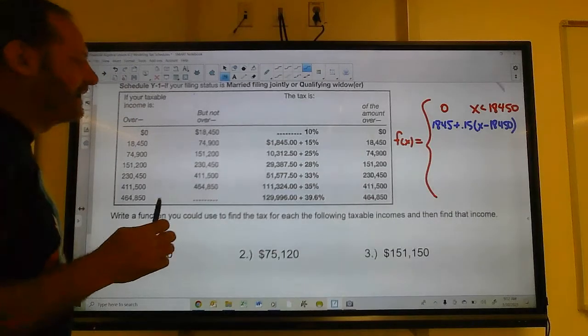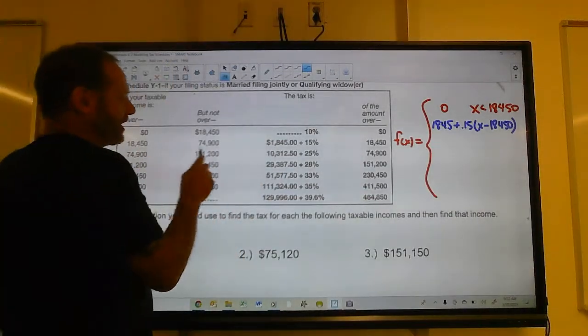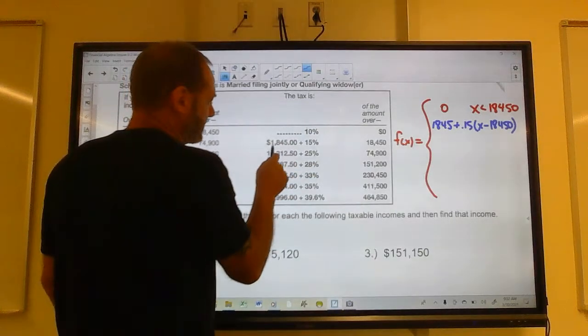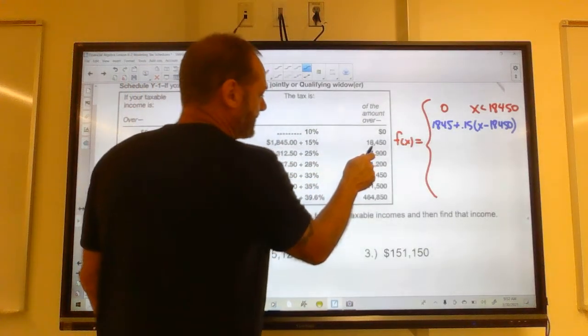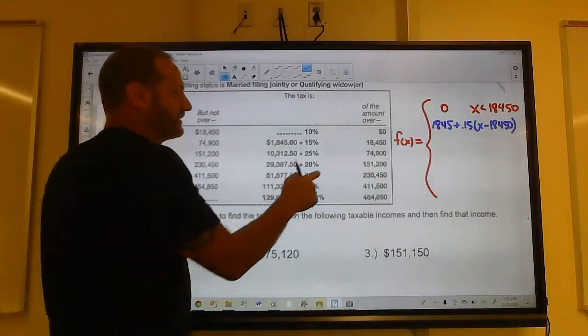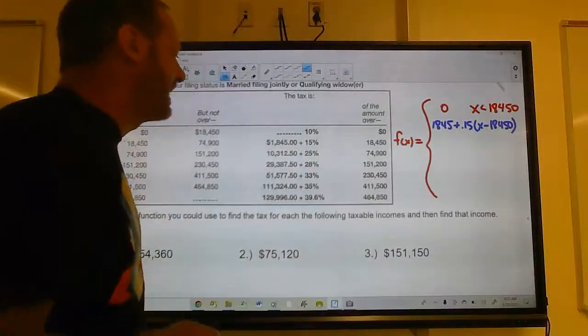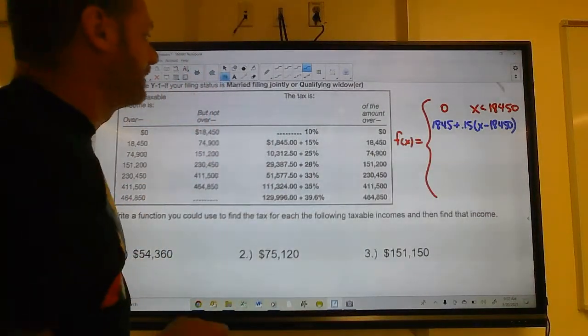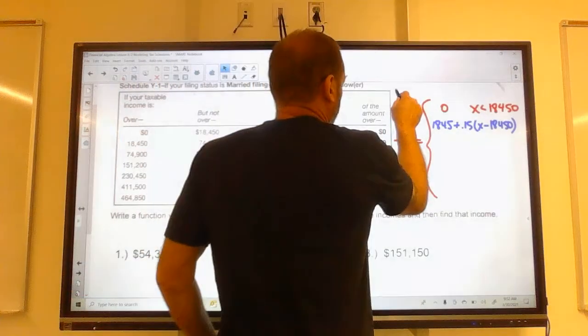Okay, so how did I get that? Well, if I fall into this range right here, I'm going to pay this amount of tax plus 15% on anything over this. So I take my income x, subtract this, take 15% of whatever that is and add it to this right here. Okay, so now, unfortunately, I don't have enough room here.